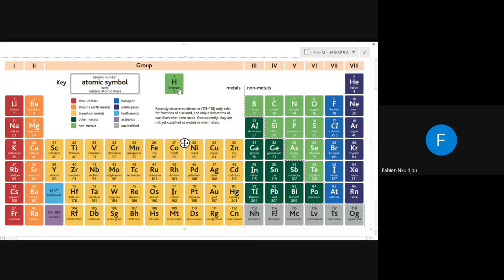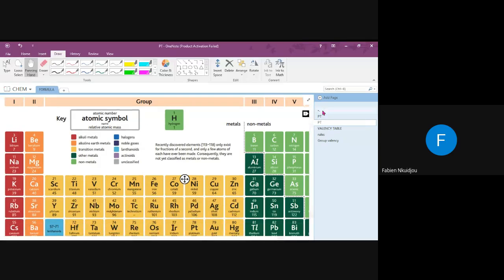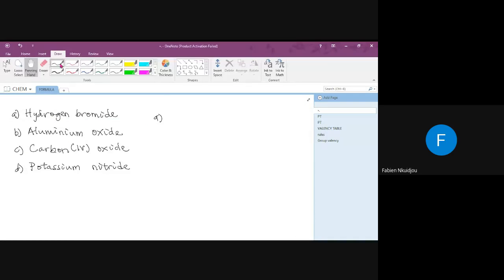Hydrogen has a valency of 1. What about bromine? What would be the valency of bromine? It will be 8 minus 7, that is 1. So here we go. Hydrogen bromide. We have the symbol for hydrogen and we have bromine.